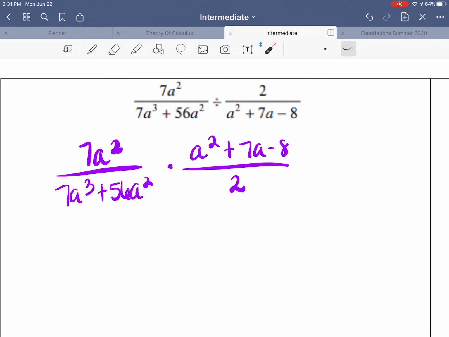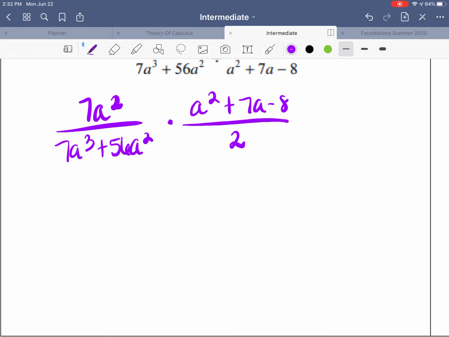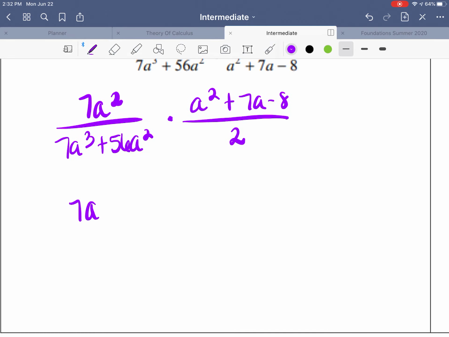So I would encourage you to go ahead and do that before you factor, because usually if you go ahead and start factoring, you'll forget that you need to flip this. You'll go ahead and multiply and your answer will be wrong. So I would encourage you to do that first. Now you can start factoring. I'm going to leave this.